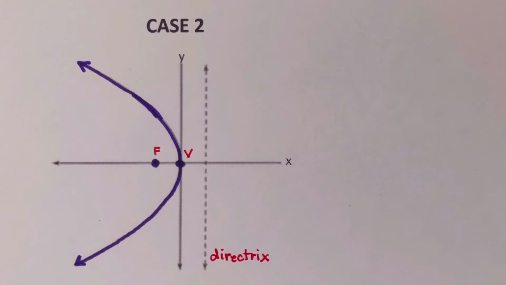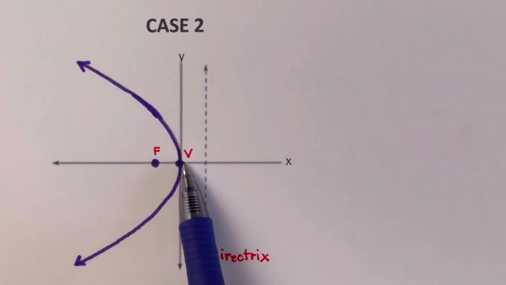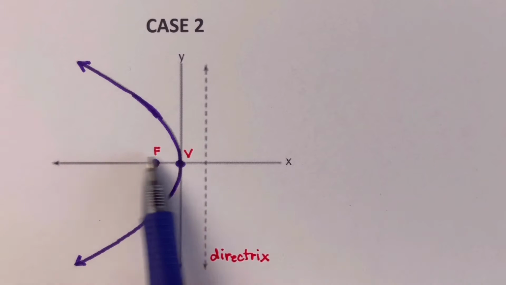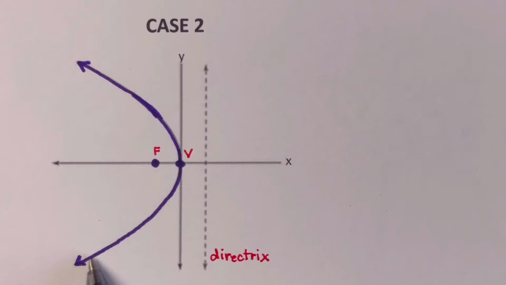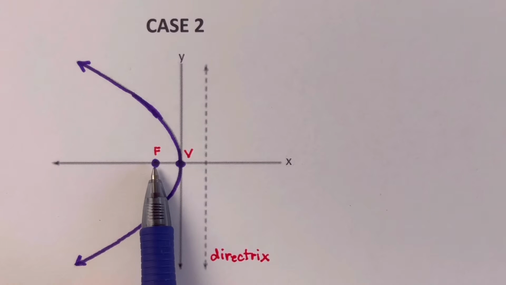Now let's look at the second case. In the second case, the parts of the parabola are always the same. We have the directrix, the vertex, the focus. This is the line of symmetry, and this is our parabola. If you notice, the parabola in the second case opens to the left since the focus is on the negative x-axis.